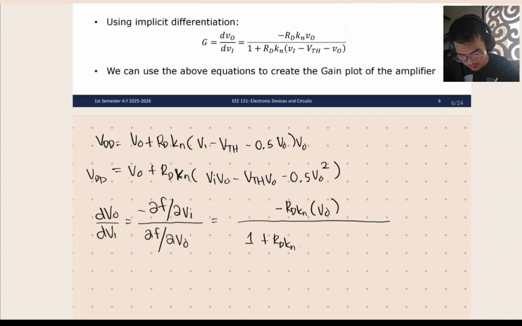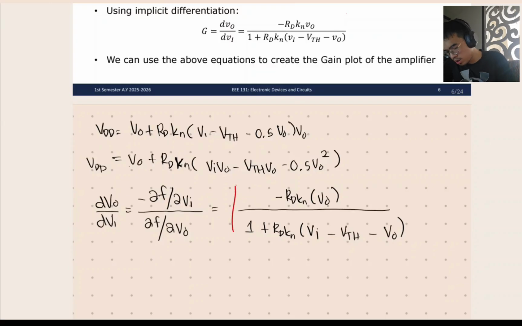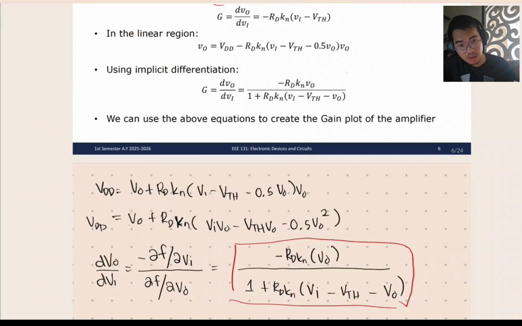Then we have here RD KN, and with respect to V out, what remains is VI minus VTH minus V out, because we bring down the 2, then minus 1. So this is now the expression for the gain at the linear region.